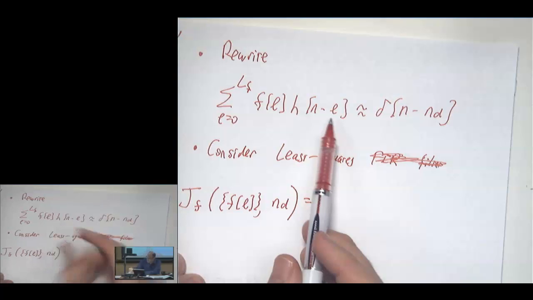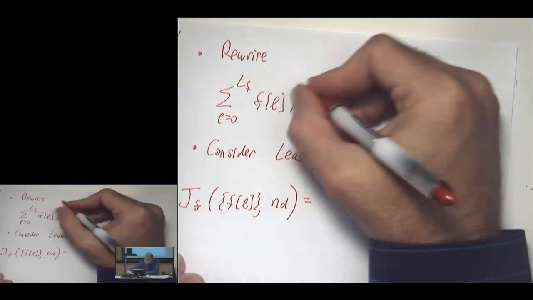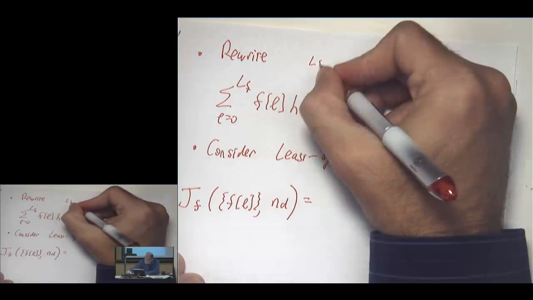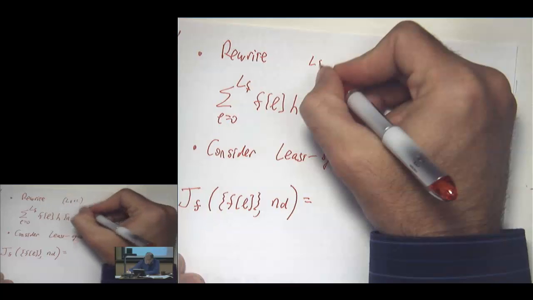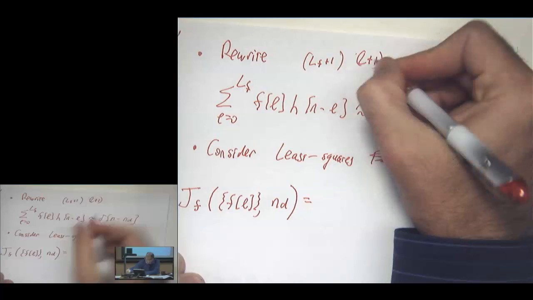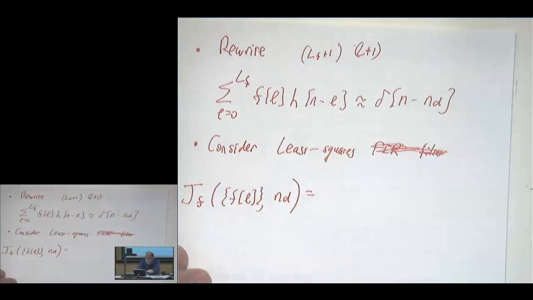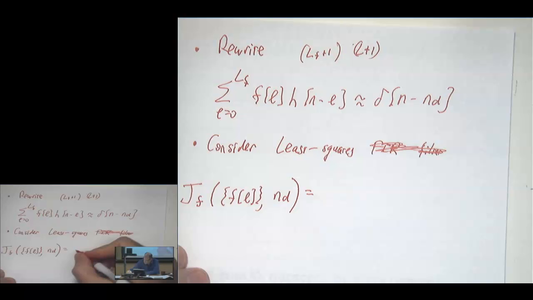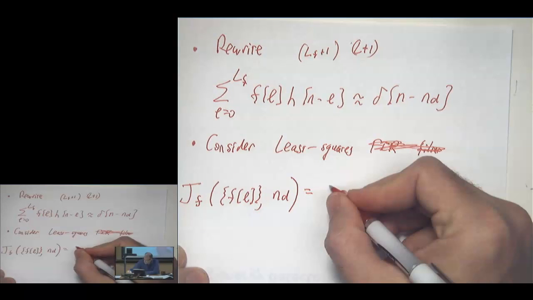If we convolve this filter that has LF plus 1 taps, and this filter that has L plus 1 taps, the resulting filter should have length LF plus L plus 1. So it goes from 0 to L plus LF.